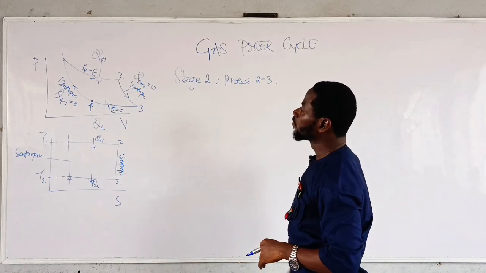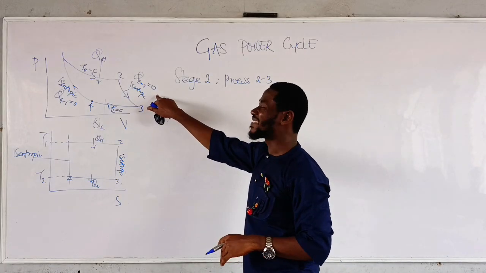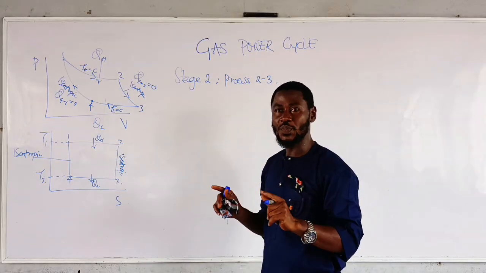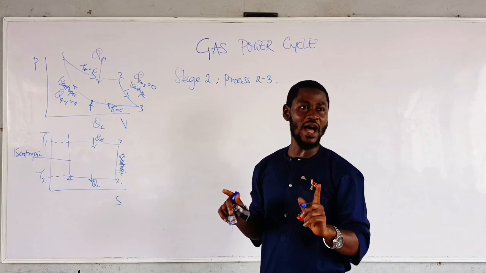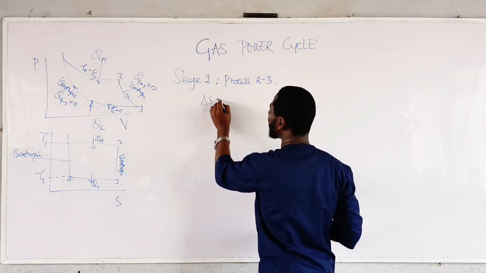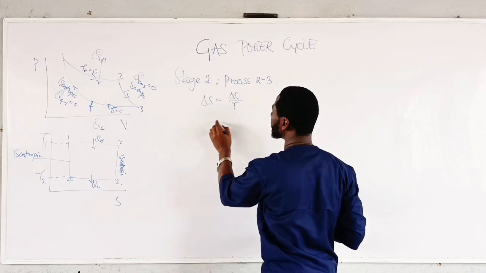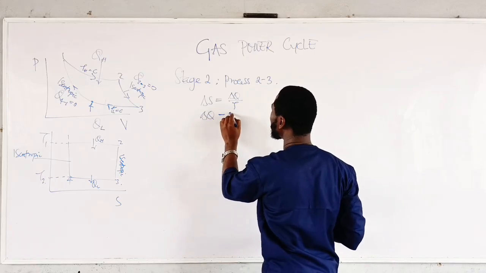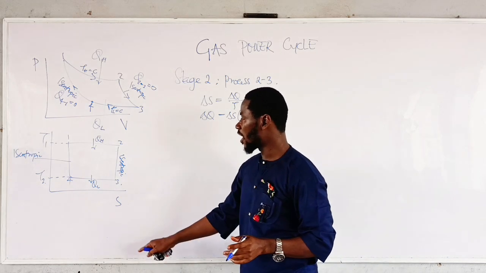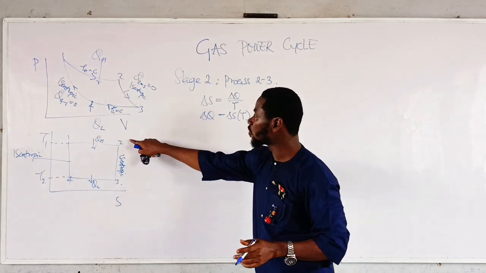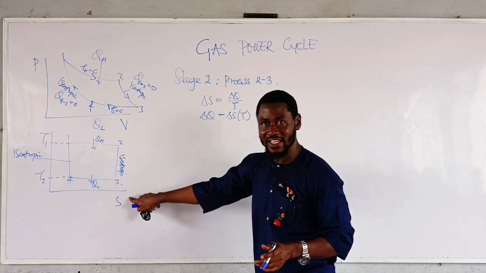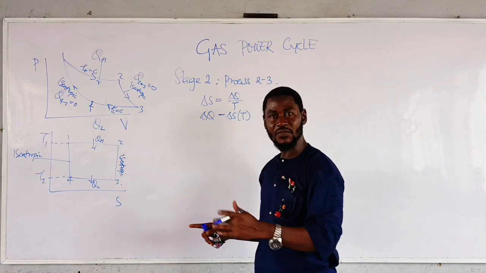What happened at that level? We were told that it is an isentropic process. An isentropic process is a process where the change in entropy is 0. And if we go back to the entropy that we did, we have change in entropy equals to change in Q over T. Change in Q equals to change in S multiplied by T. If you go back to the TS diagram, for an isentropic process, which is process 2 to 3, you can see that S3 minus S2 have the same value.